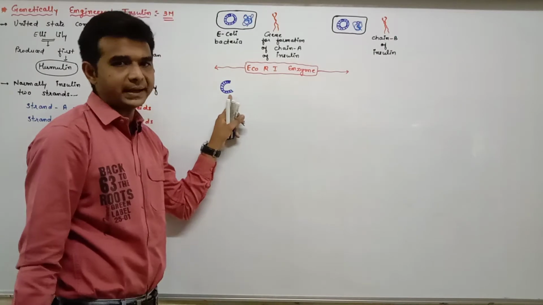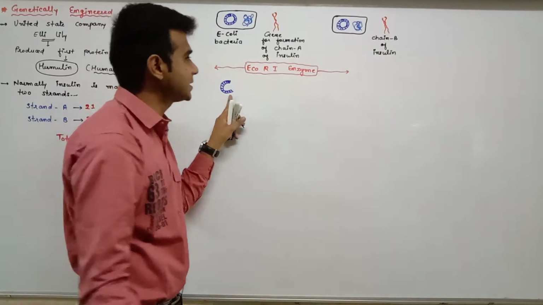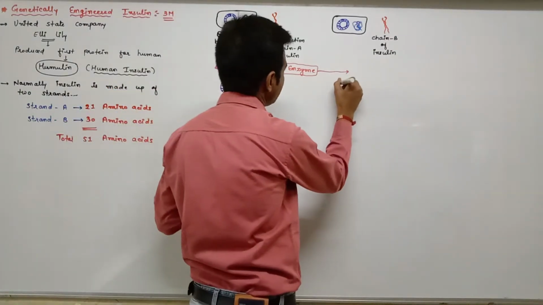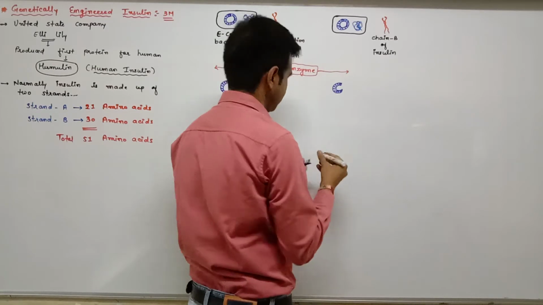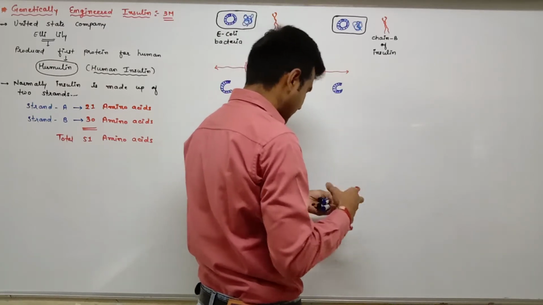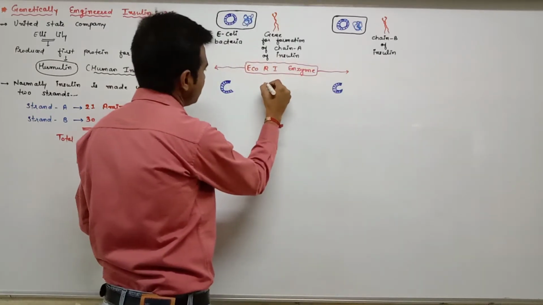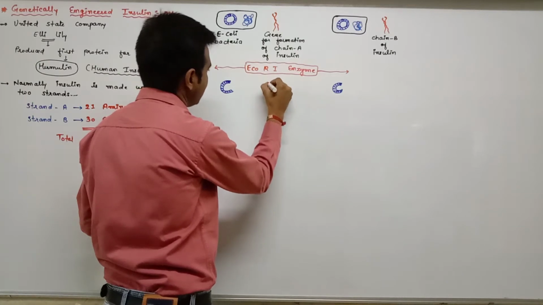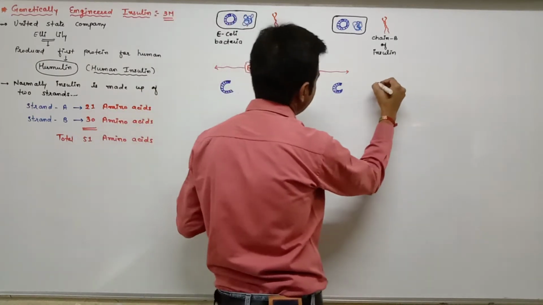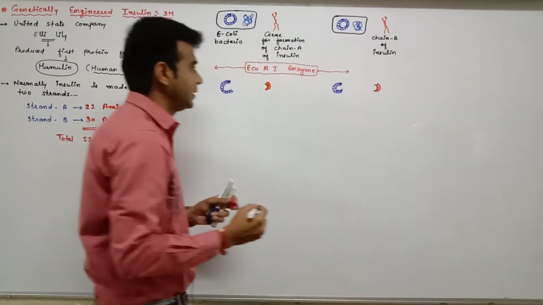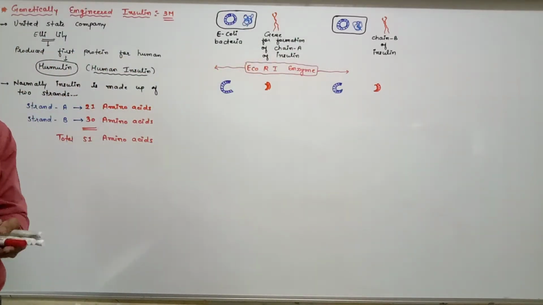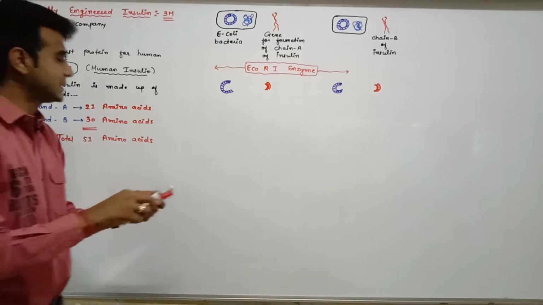Actually this is the blunt end, but you assume that this is the sticky end. And here the small fragment of the DNA which forms the strand A of the insulin, and this will form the strand B of the insulin. So sticky ends are formed here.